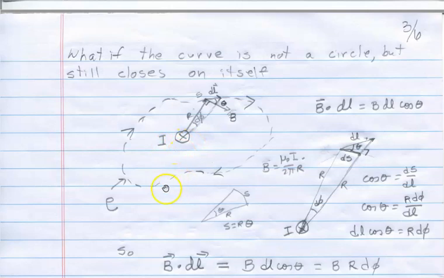And now then I'm going to choose a new curve that's not a circle, but is going around it in this sense. I could have chosen the other direction, and it would be the same argument. But here I'm choosing, remember, curves you have to give the direction in which you're going to integrate around, and so that's usually indicated by the arrows.